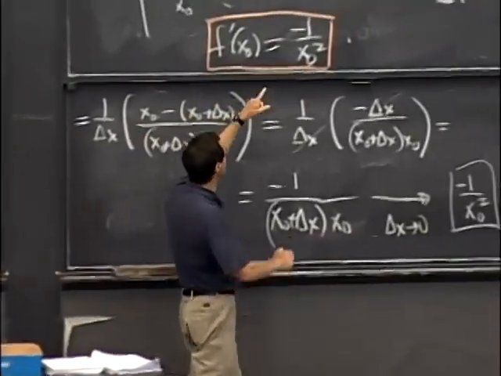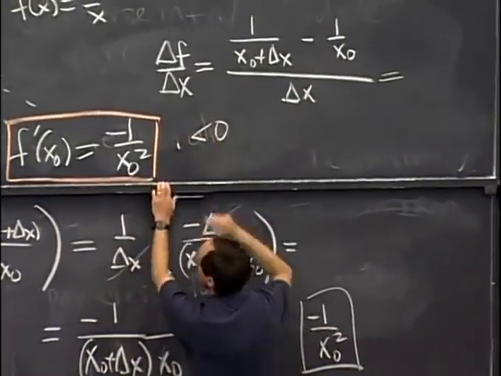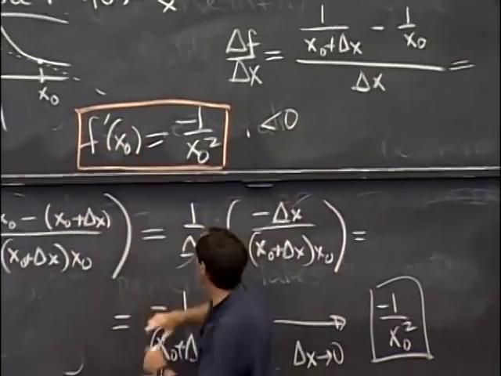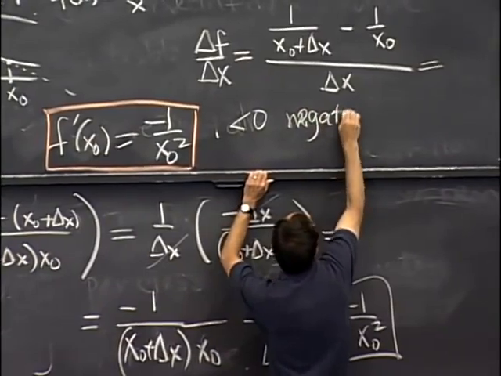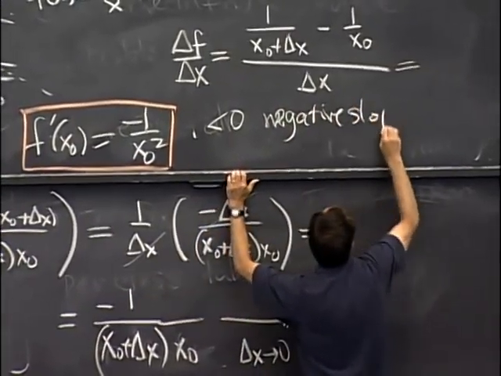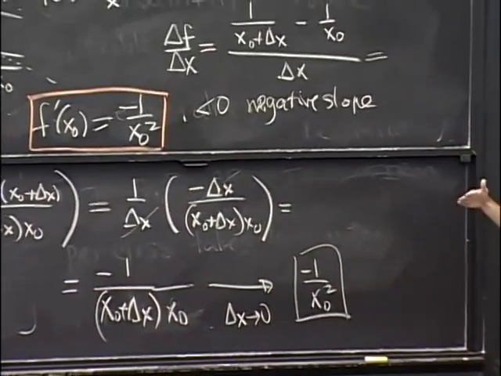What's happening here is, first of all, it's negative, right? It's less than 0, which is a good thing. You see that slope there is negative. That's the simplest check that you could make.